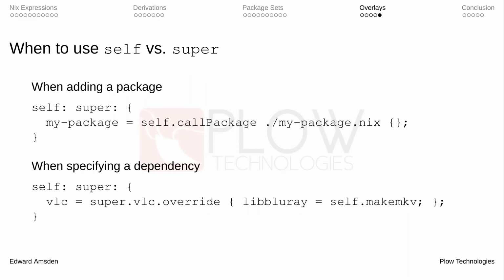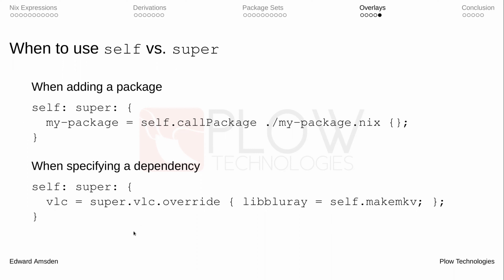Can you say that one more time? Sure. The dependency comes from self so that I get the result of the dependency after all of the overlays are applied. I'm redefining the VLC attribute here, but using the VLC attribute that was already in the package set as part of that definition, because I just want to change it slightly.